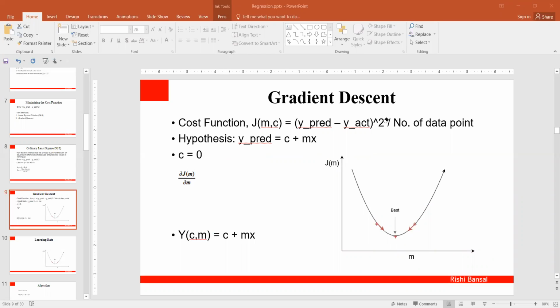Yes, correct, because our equation is like that. Since it is a squared term, J of m equals this square term, that's why it is coming like a parabola. Sorry, parabola, not hyperbola.